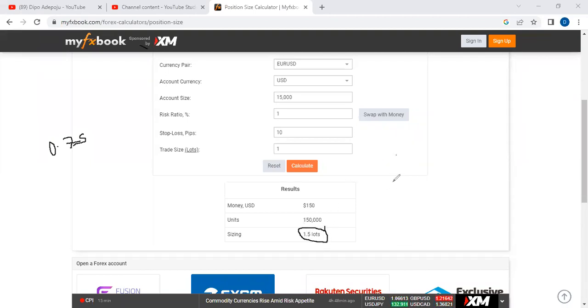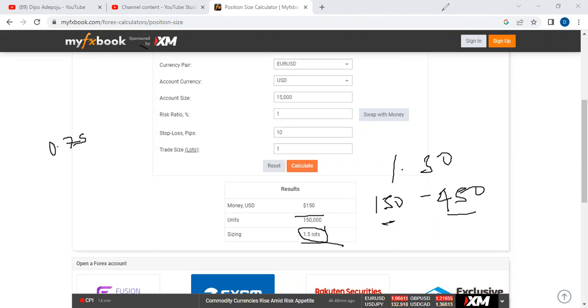Can you see? Even if you are still using 1:3, your risk is still the same, $150, and you are still going to make $450 with this lot size that is recommended for you. You lose $150 and make $450, right? It is just like that.